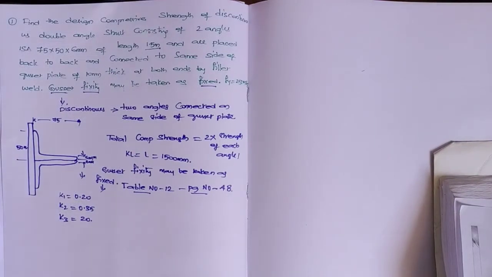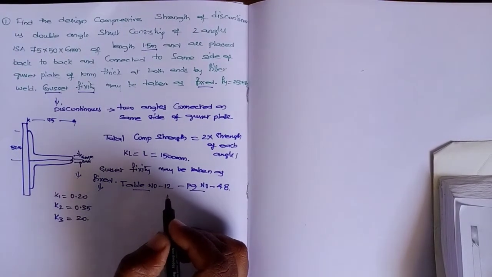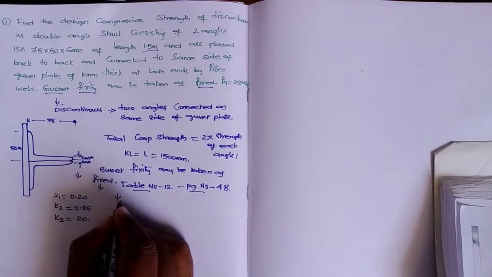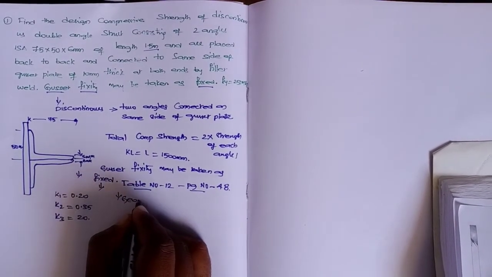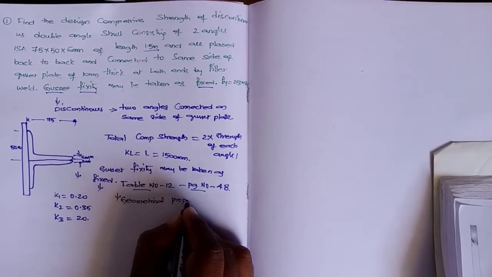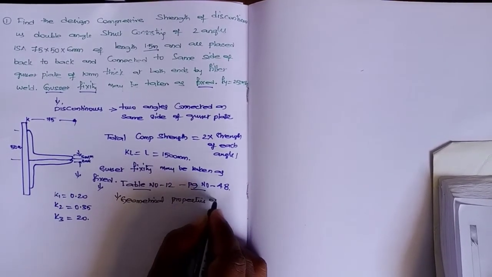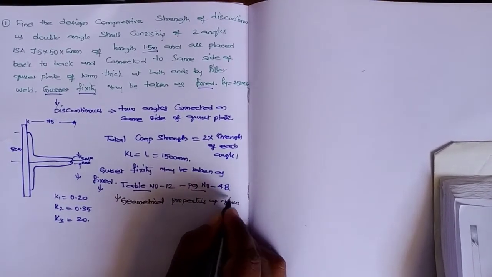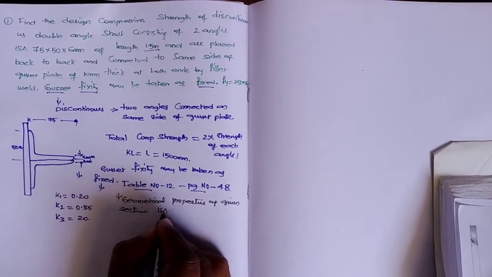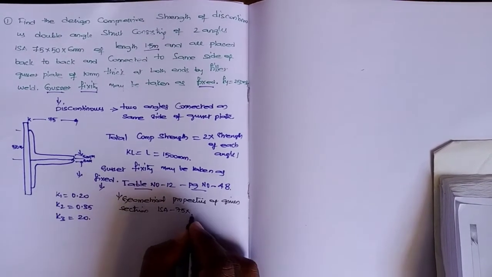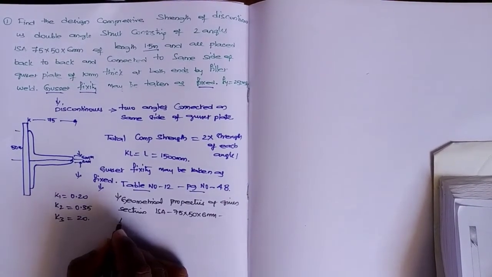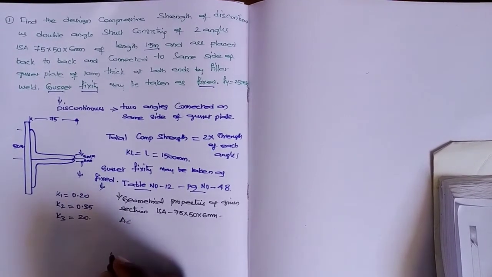Okay, that is geometrical properties of given section, ISA 75 by 50 by 6 mm. So first area, we required what?